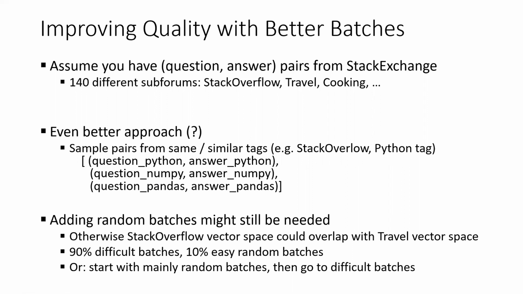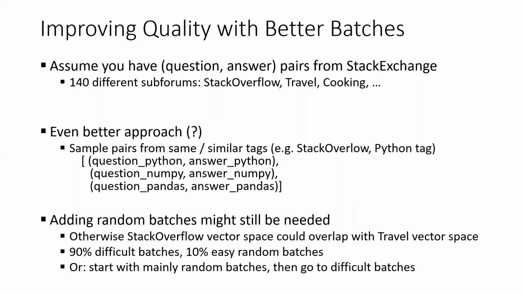If you train with such a setup, you might also want to add random batches. If you do the separation of the batches into Stack Overflow and traveling and cooking, or even maybe on a tag level, it can be that the Stack Overflow vector space could overlap with the travel vector space, so the model never learned to differentiate programming questions from travel questions. So one way would be that you train, for example, with 90% difficult batches.